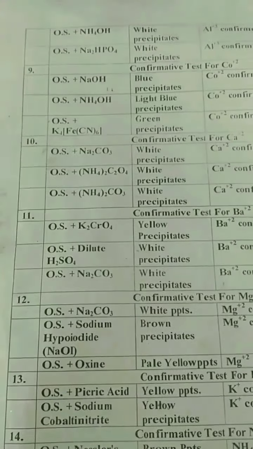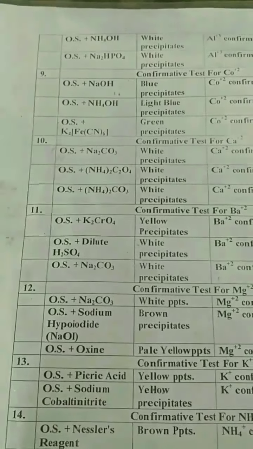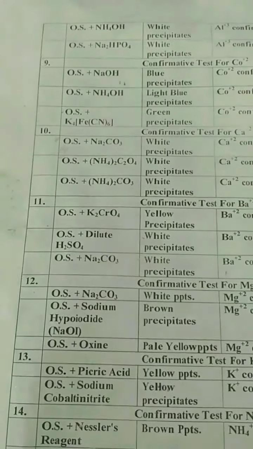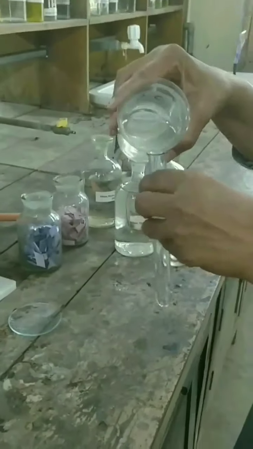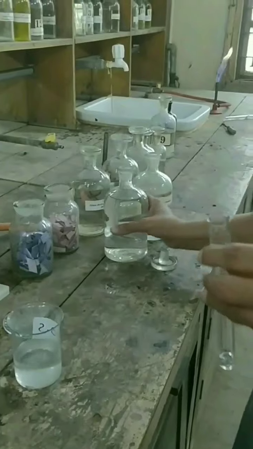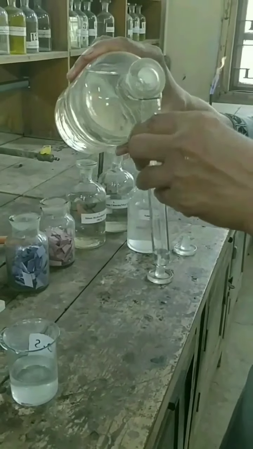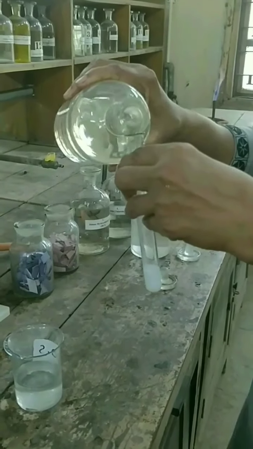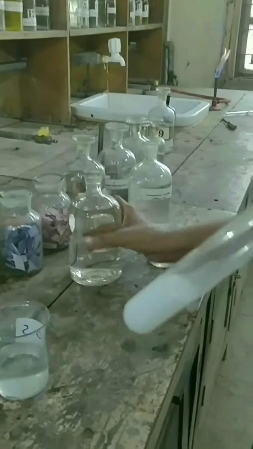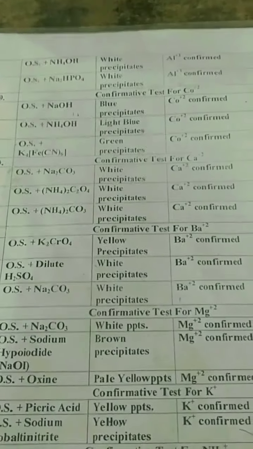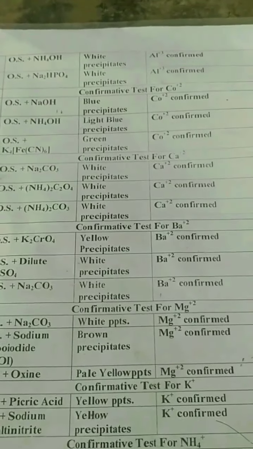For the second confirmative test, we will take OS in a fresh test tube. To that we will add dilute sulfuric acid. You can see white precipitates. So in the observation, if you get white precipitates, then Ba+2 is confirmed.